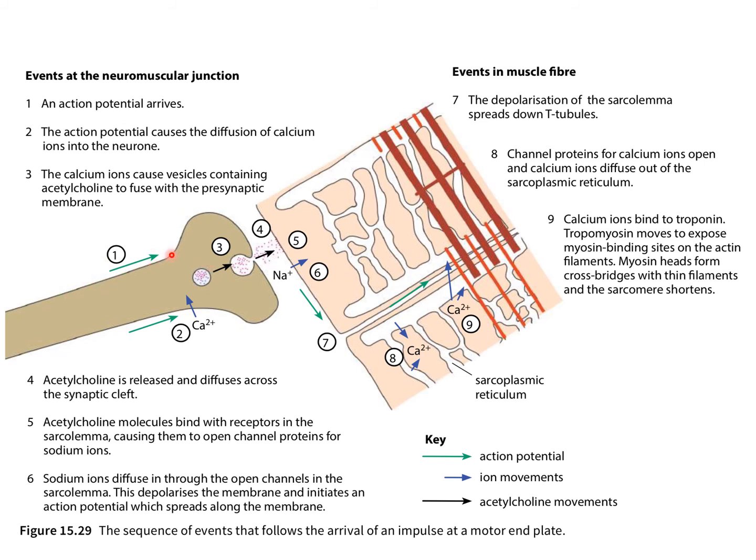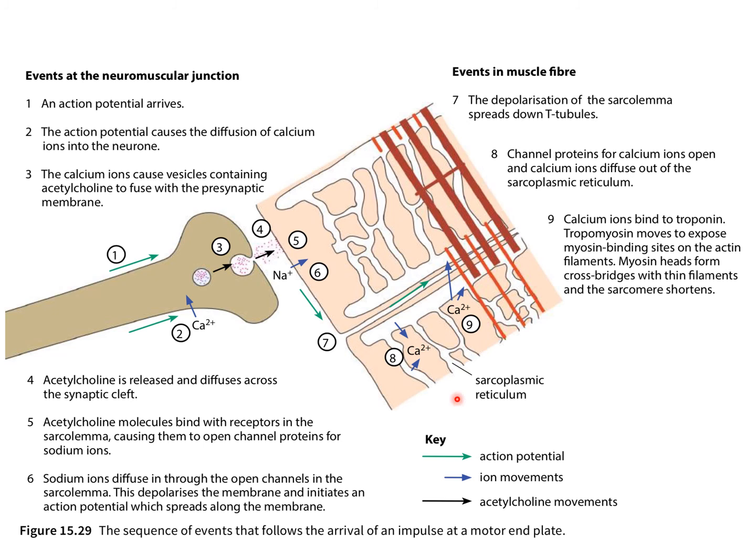The action potential arrives at the end of this axon. Once it arrives here, we have a voltage-gated calcium channel. Calcium enters the cell, and once calcium enters the cell, it induces the fusion of this vesicle with the membrane, and as a result, the release of the acetylcholine. Okay, this is in the presynaptic terminal.